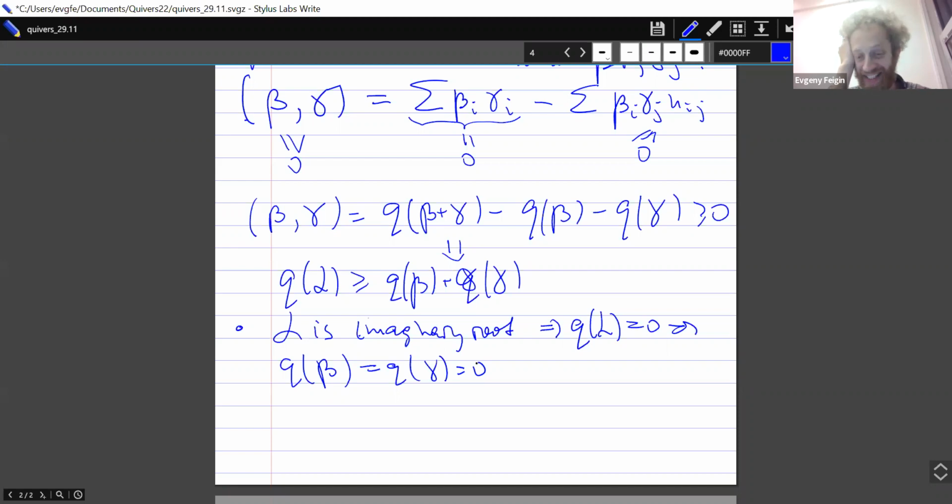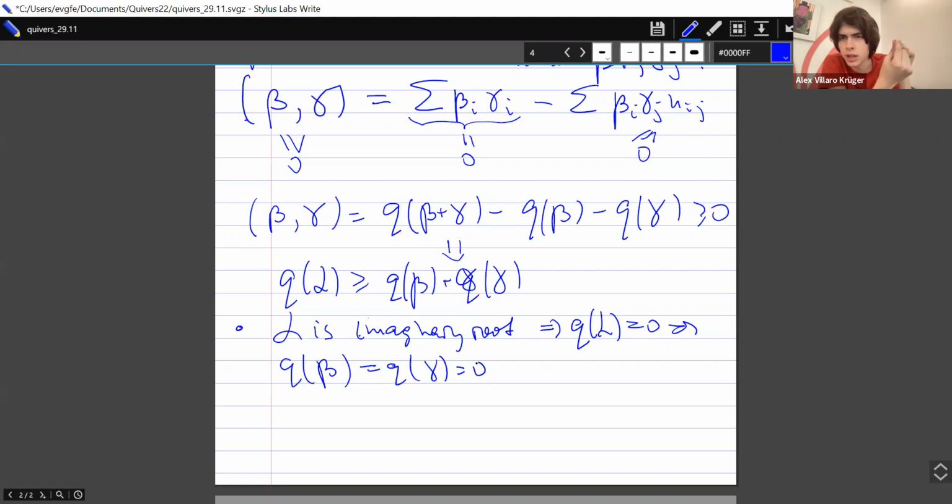That they're both zero. Why? Because it was argued that they cannot have non-zero entries in the same places.